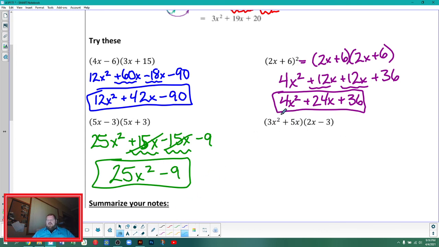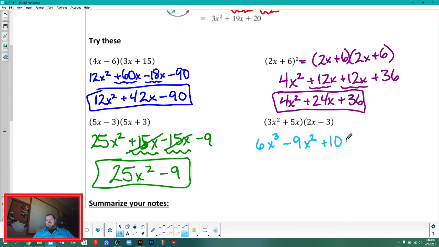Last one that we have here. First times first. 3 times 2 is 6. X squared times x is x to the third power. Outsides, 3 times negative 3 is negative 9. And there's an x squared on that one. Insides, 5 times 2 is 10.